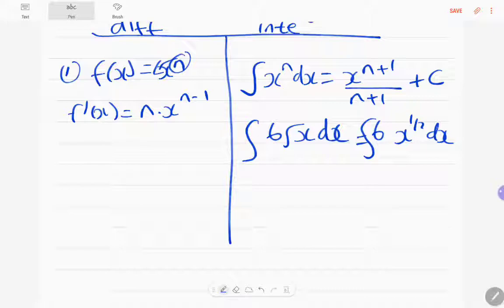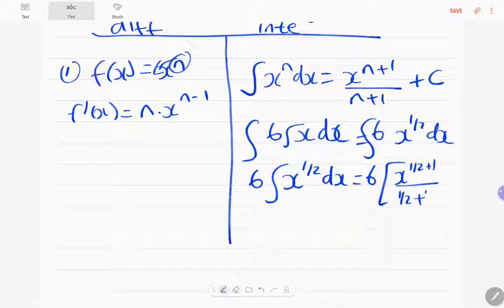Now you can keep the 6 out and say 6 times the integral of x to the power 1 over 2 dx. 6 into x to the power 1 over 2 plus 1 all over 1 over 2 plus 1 plus c, which will be 6 into x to the power 3 over 2 all over 3 over 2 plus c.